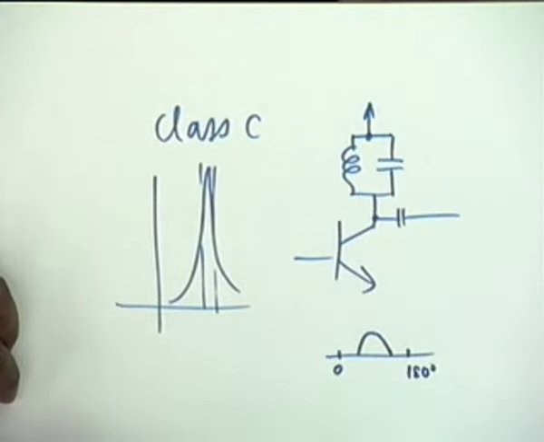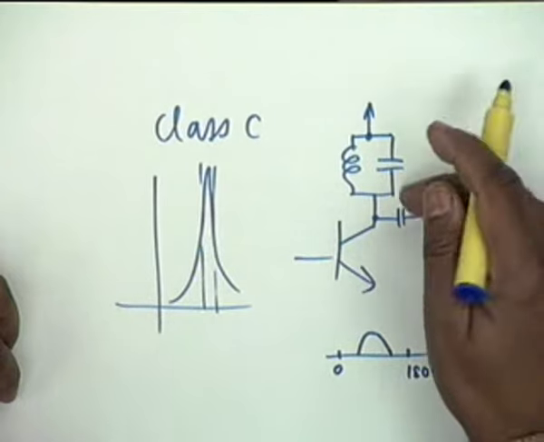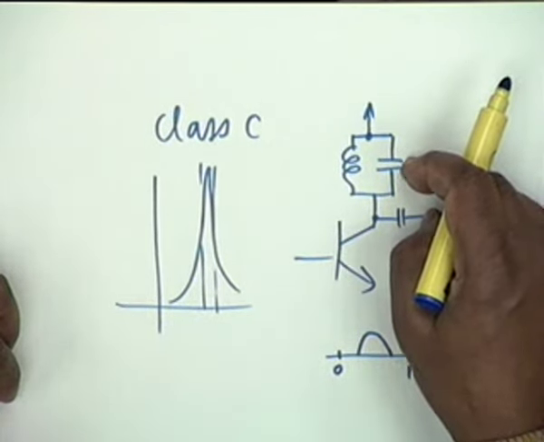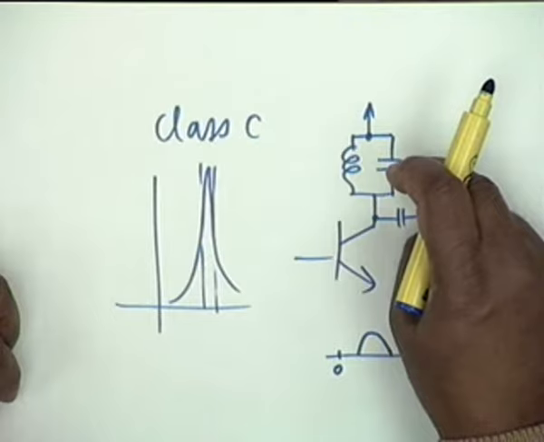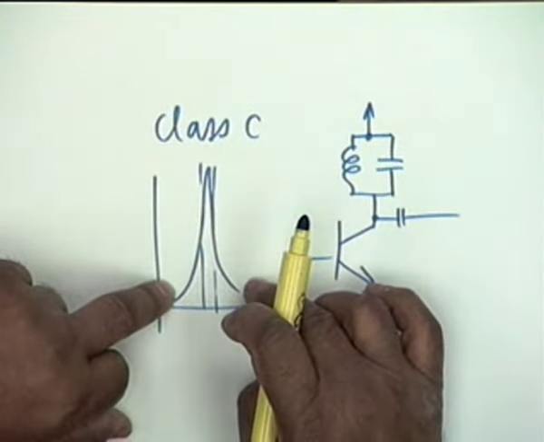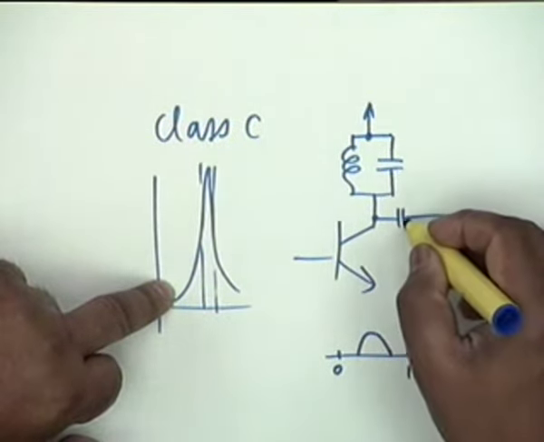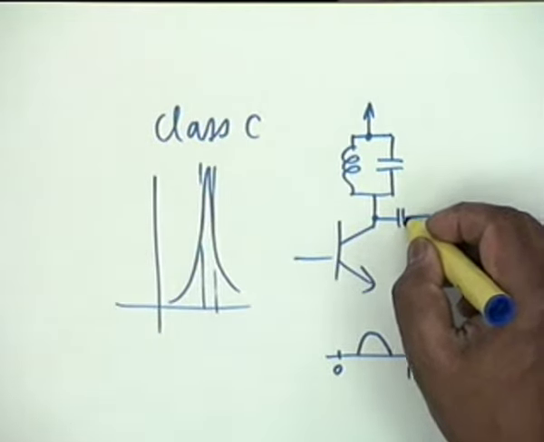A current swing like this, when it passes through the tuned circuit, finds an easy path for frequencies other than the center frequency. To the center frequency, it offers a high resistance, which means that the voltage developed here would be mainly of the frequency that you want. It is because tuned circuits can be used that a class C amplifier can be used, not otherwise.